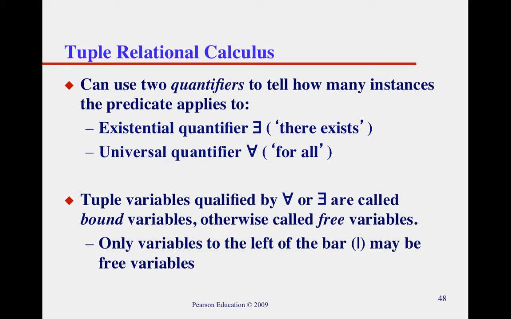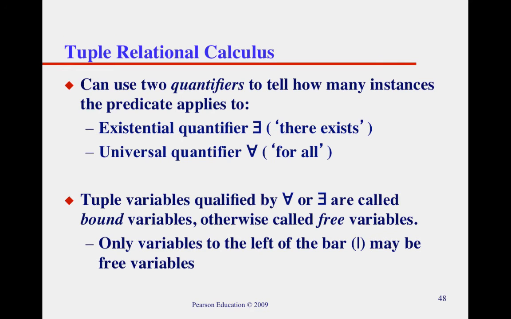So to get to multiple relation queries, you introduce two quantifiers. One is for there exists, and one is for all. Tuple variables that get qualified by for all or there exists are called bound variables, and otherwise they're called free variables. And only free variables can occur on the left side of the bar.